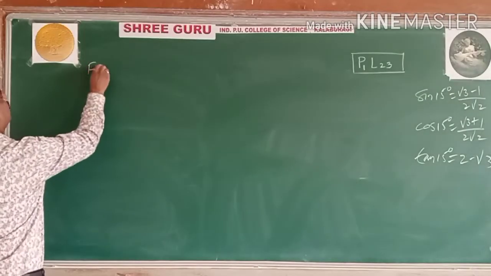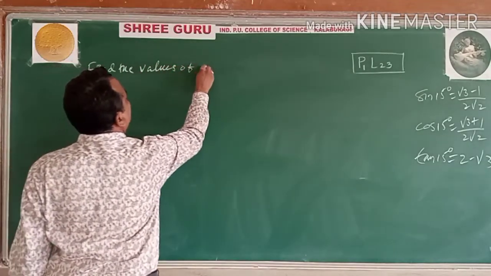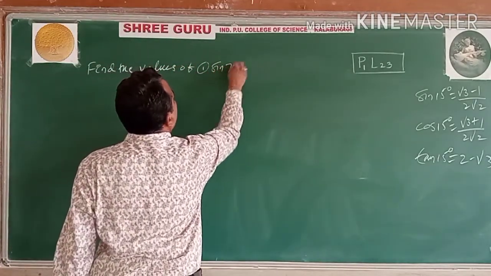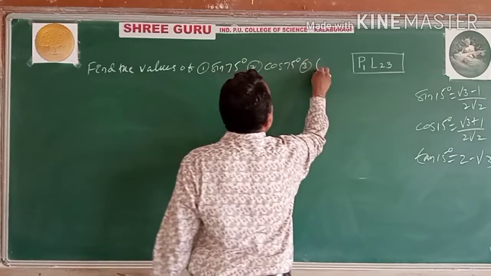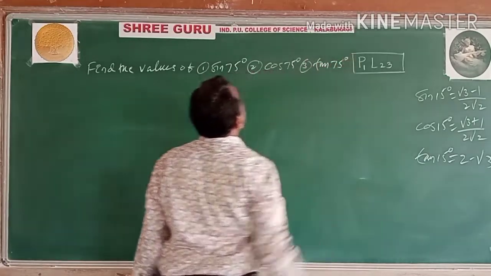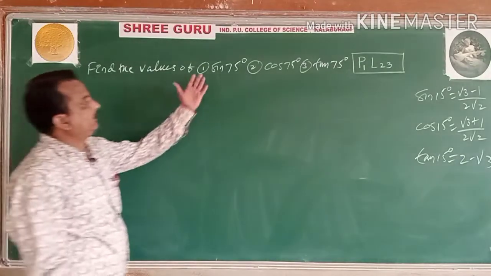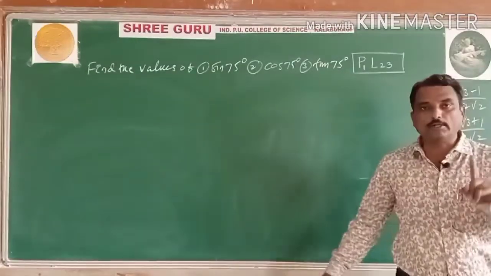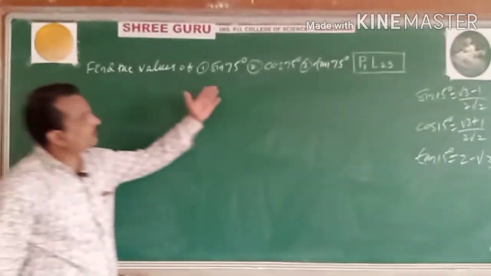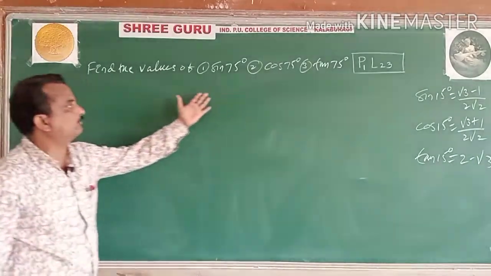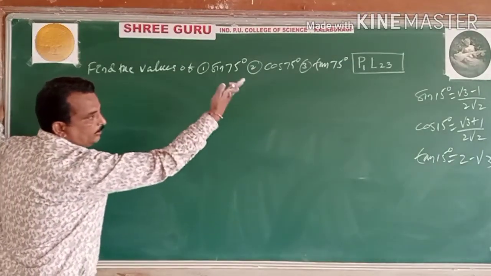Now next, find the values of sin 75 degrees, cos 75 degrees, tan 75 degrees. Out of the three, I will calculate any one, and you may calculate the remaining two yourself. Just as you calculated for 15 degrees, like that only you have to calculate here.